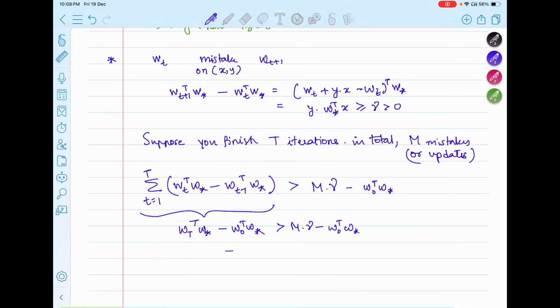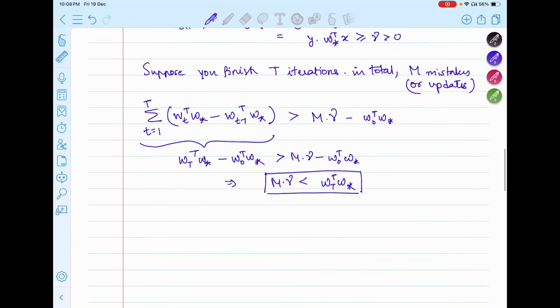What does that mean? That means that M times gamma is less than WT transpose W star. This is our first important equation in the proof.